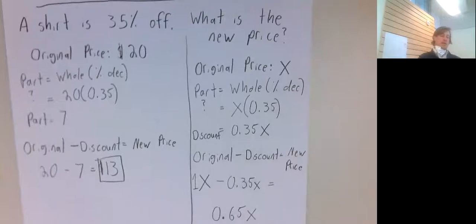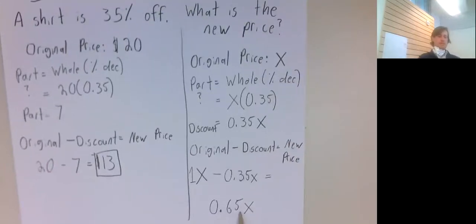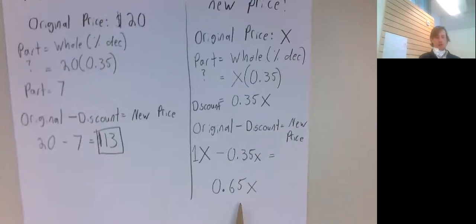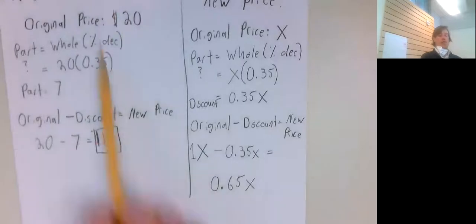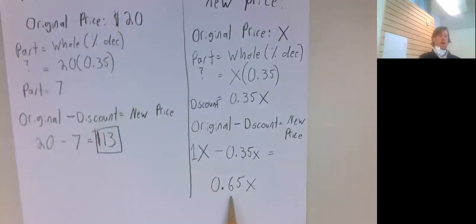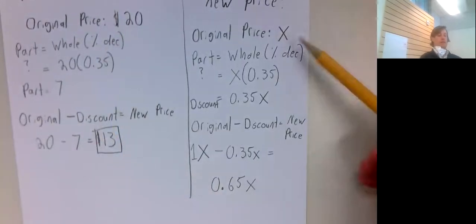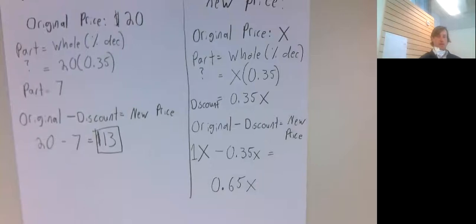So you'll notice the connection, 0.65 and 0.35 adds up to 100%, or 1 in this case. So we can use that expression with the 35% to figure out what the price of a shirt would be if it's unknown at the time.